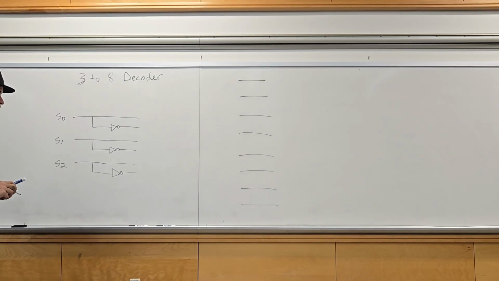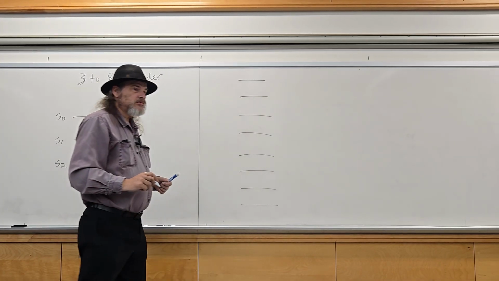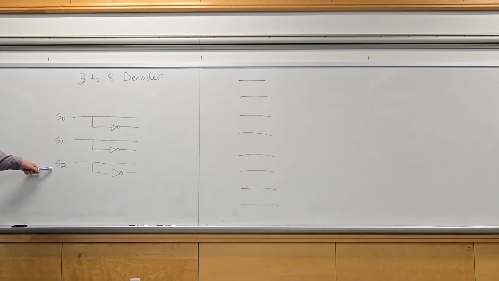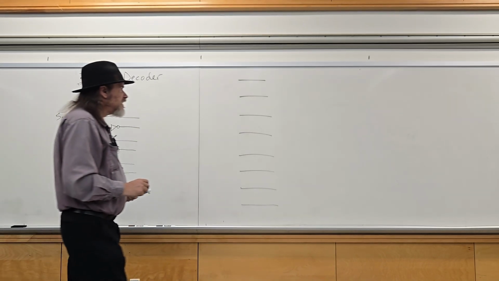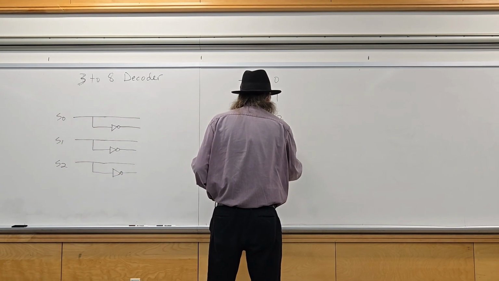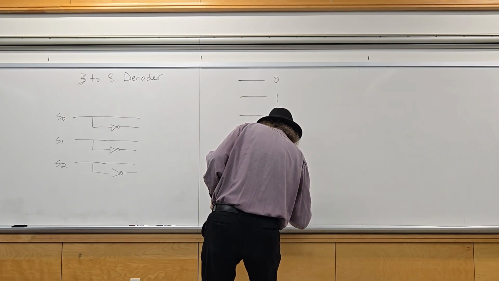So the outputs are going to be representing one of the 8 combinations of the 3-bit input. So this is going to be 0, 1, 2, 3, 4, 5, 6, and 7.